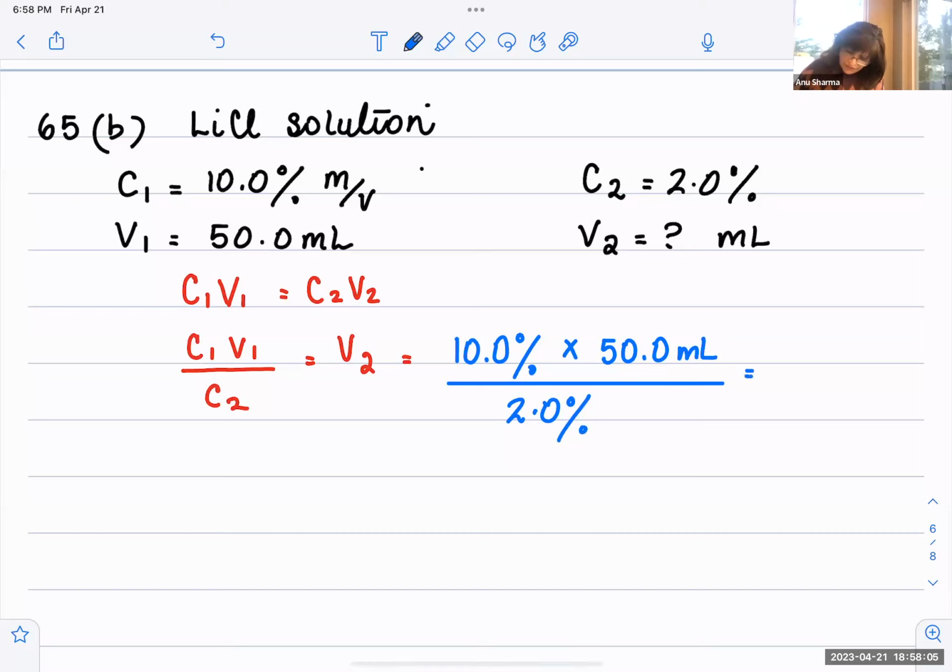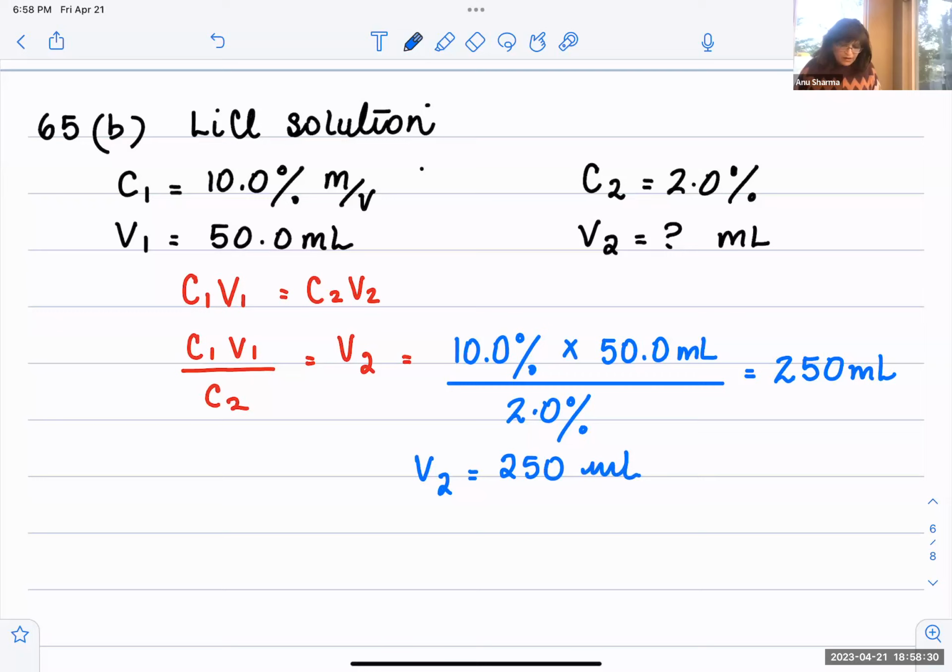So this gives you 10 times 50 divided by 2, and that is 250 milliliters. So for the less concentrated solution, or the dilute solution, the volume of the final solution is 250 milliliters, and you can leave it like that.